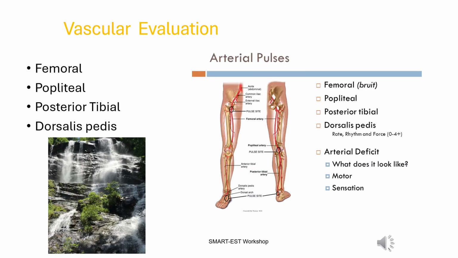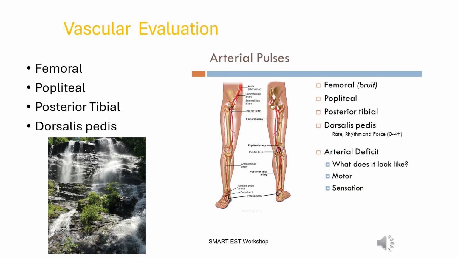For vascular assessment, we will be assessing the following arteries of the lower extremity: the femoral artery, the popliteal artery, the posterior tibial artery, and the dorsalis pedis artery, as you will see from the diagram where the various pulse points are. For the femoral artery, the pulse point is in the hip region along the inguinal area.